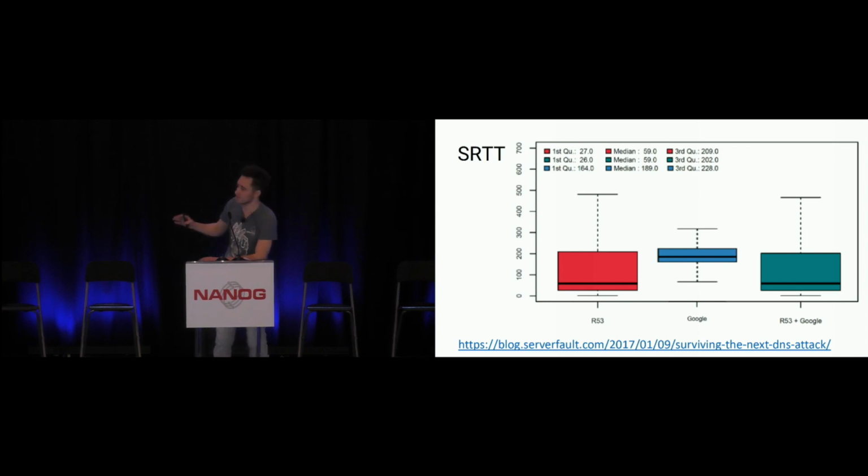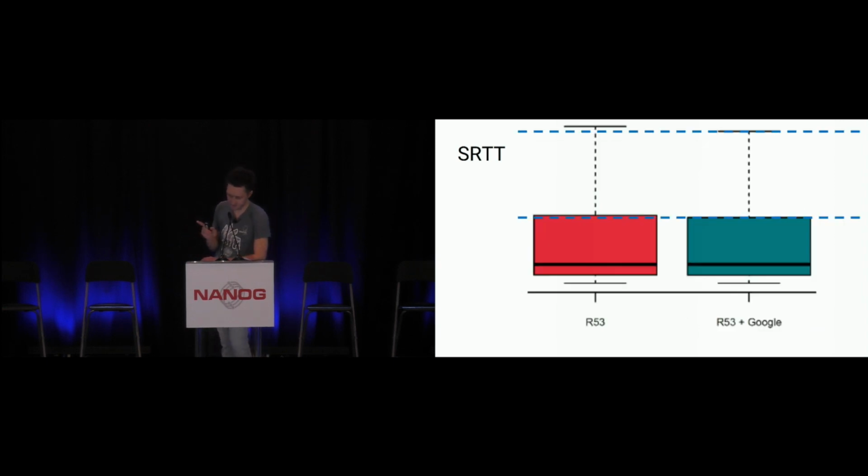Here's the result in green. As you can see, a combined solution performs much better than Google. It's roughly equal to Route 53. So adding in even a heavily underperforming DNS operator doesn't affect latency in a bad way. What is more funny, the combined setup, despite Google's inefficiency in New Zealand, performs even better than Route 53 alone.